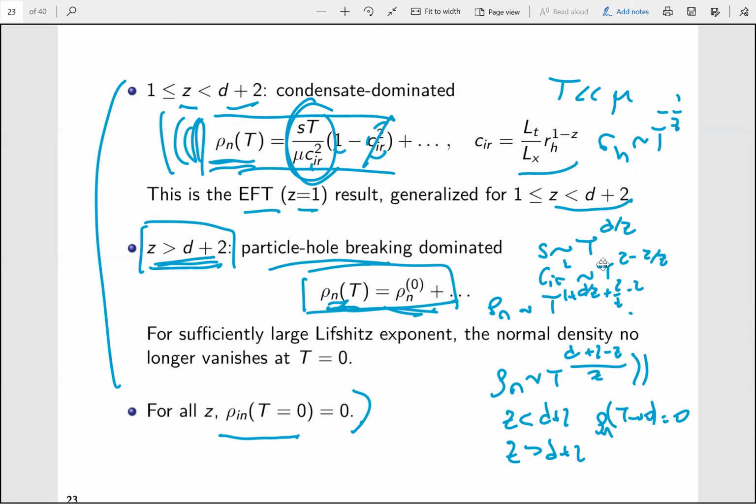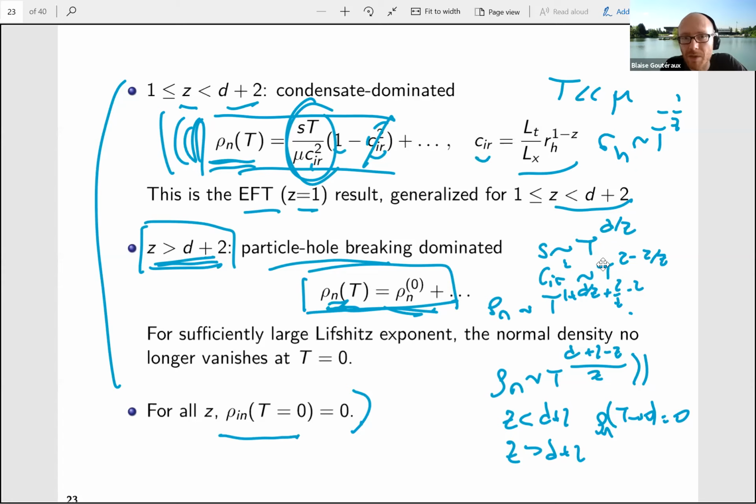Yeah, I got confused because your C_IR squared has a temperature dependence too. That's what you are saying. Yeah. For the Lifshitz case, we're calling this C_IR because it's kind of natural to call it C_IR, but I agree that it's not the same as an actual IR light velocity as you would have for z equal 1. For z equal 1, this C_IR would not be temperature dependent.